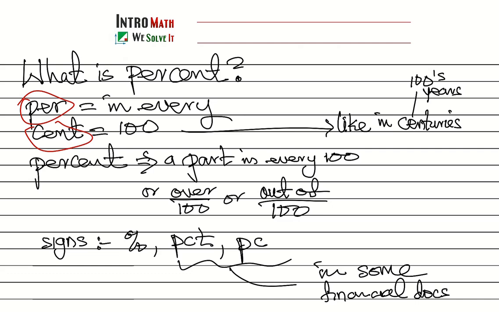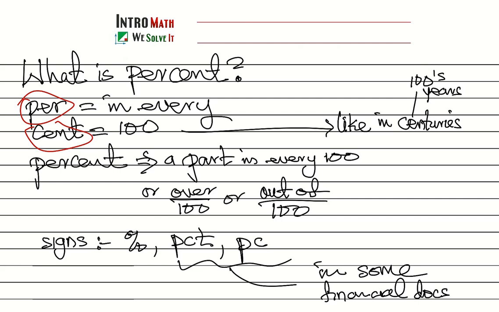I will explain that word cent in detail. So percent basically means a part in every 100, right? And the word cent has the same meaning as the cent you see in the word centuries. Centuries are hundreds of years, right?